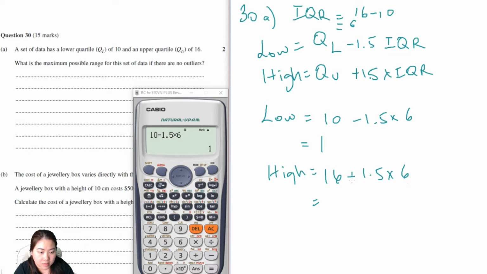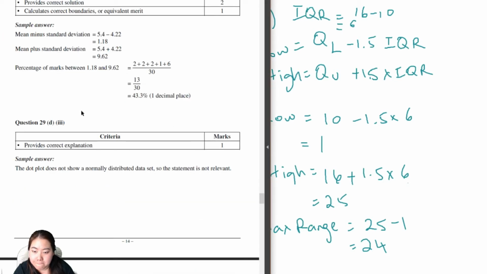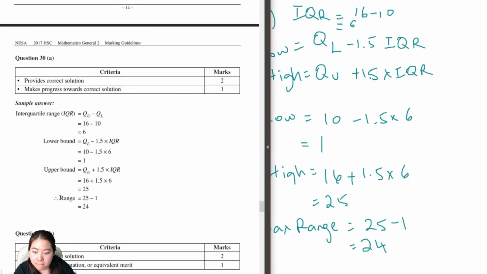Sorry, plus. And we've got 25. If there are no outliers, the maximum possible range is going to equal 25 minus 1, which is 24. Let's see what they say. Yeah, perfect.